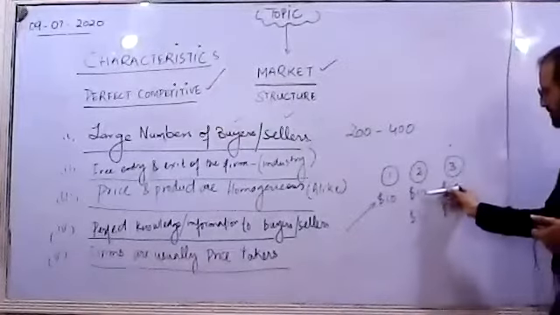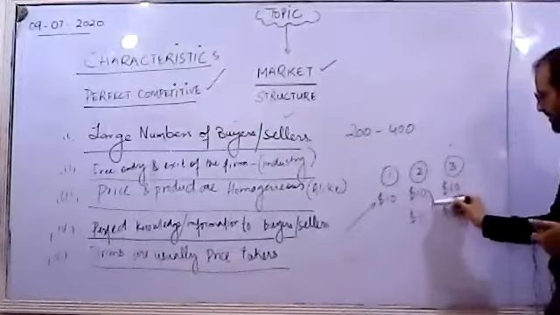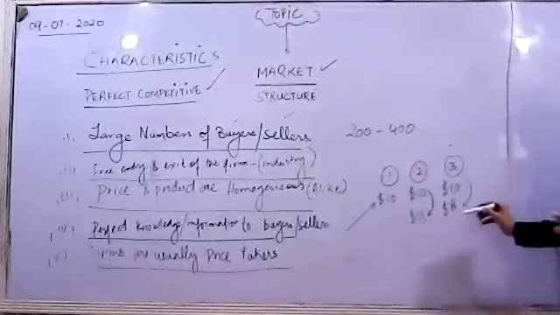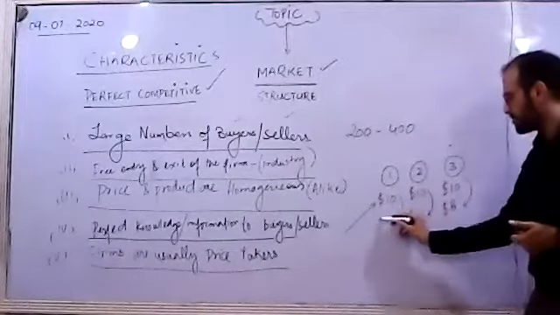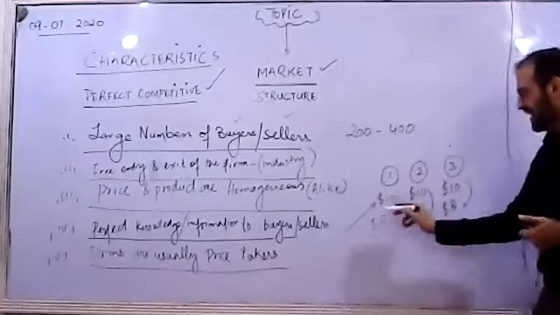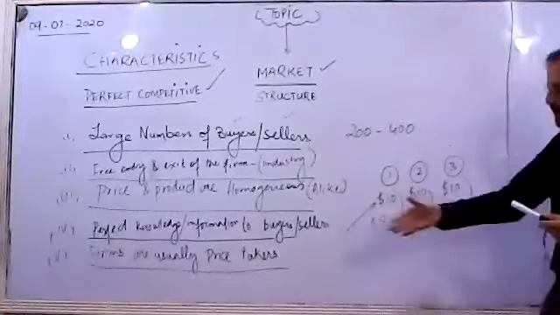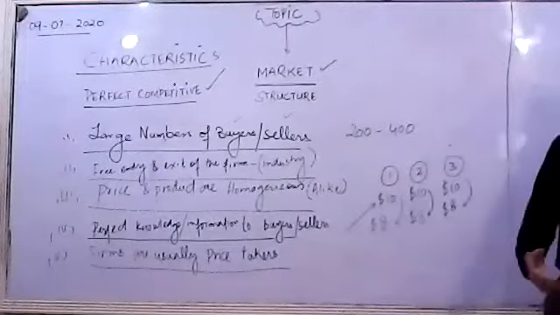If firm 2 reduces its price from 10 to $8 and firm 3 responds that way, firm 1 is going to be forced to reduce its price, dear students. It means that according to the market condition, they are the price takers. They cannot set the price according to their will.